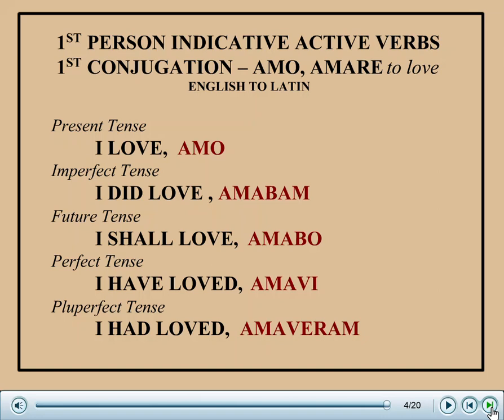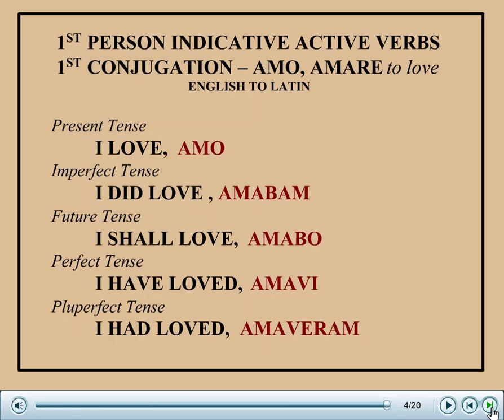In Lesson 30, you learned that there are four basic Latin verb conjugations, just as there were 5 basic Latin noun declensions. This screen shows the first person indicative active forms for the first conjugation. The example verb is amo, amare.